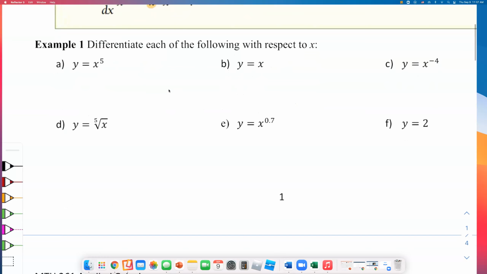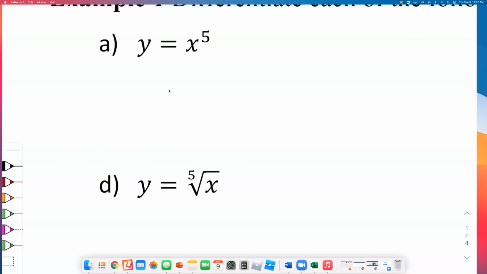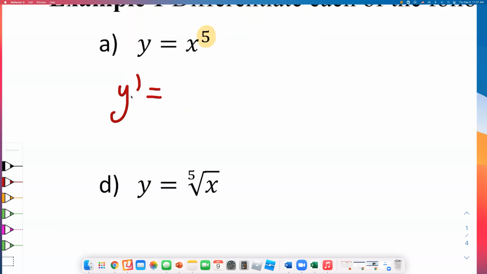What are they asking us to do? Find the derivative. Okay, so let's see. We can call it y prime. If y is x to the 5th power, y prime is, what do you do? You bring down that exponent to the front.